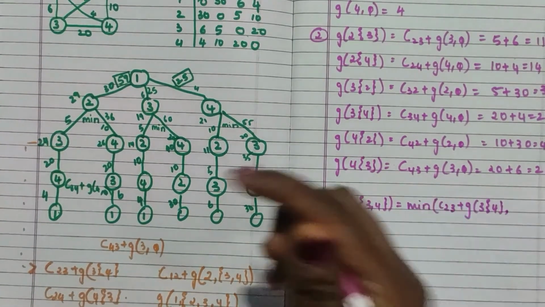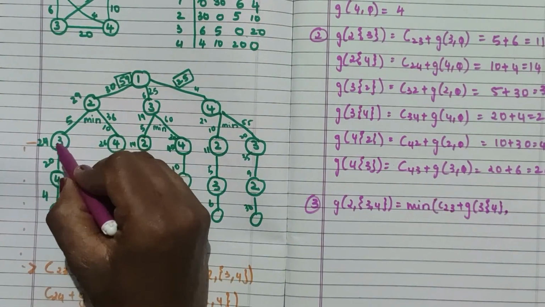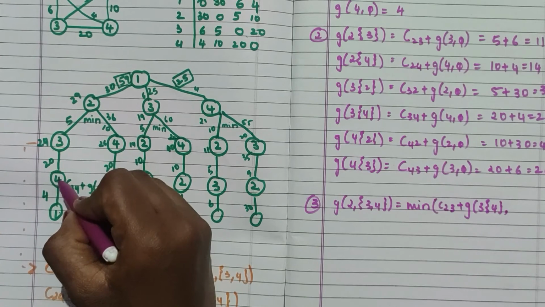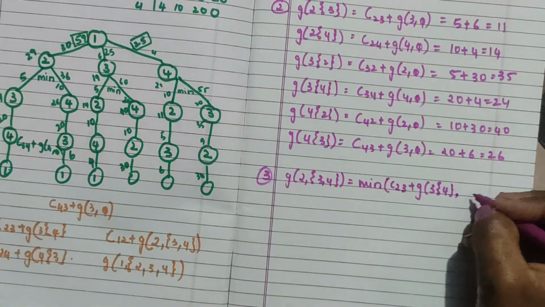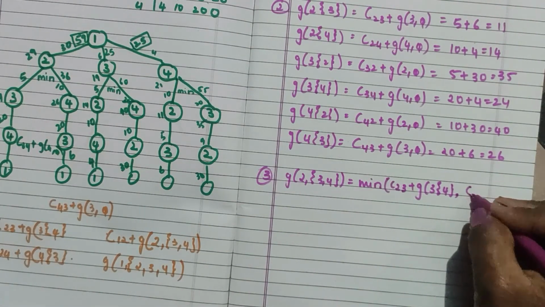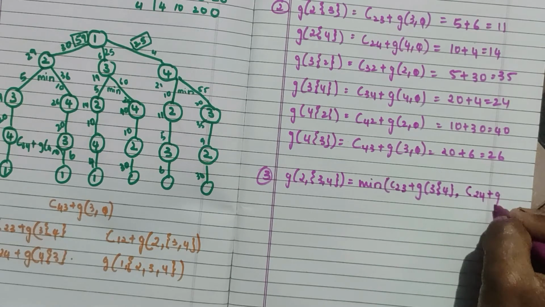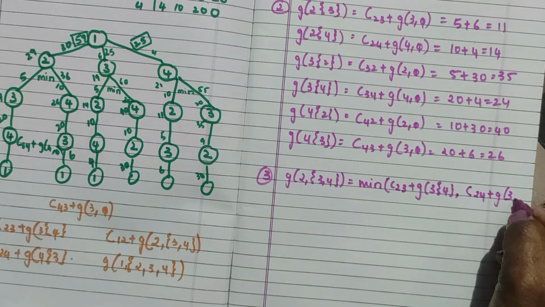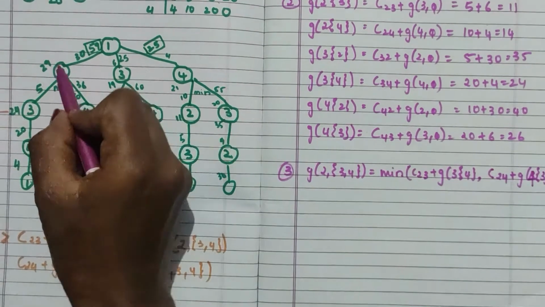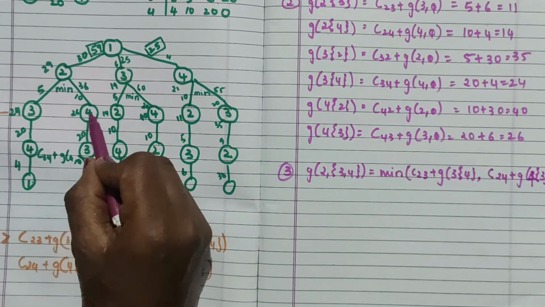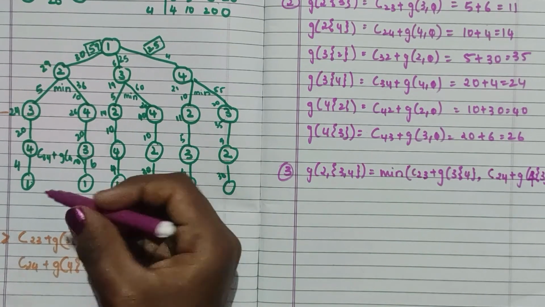Minimum of 2 to 3 plus 3 to 4. Next, comma, then again the cost of 2 to 4 plus g of 4 to 3, because 2 to 4 plus 4 to 3. Got it?